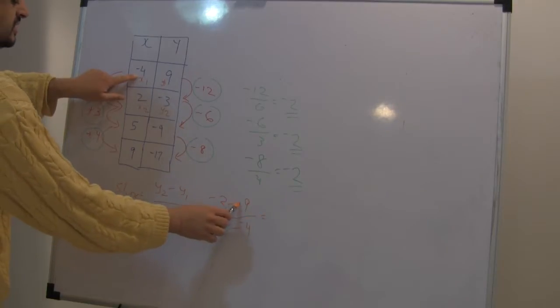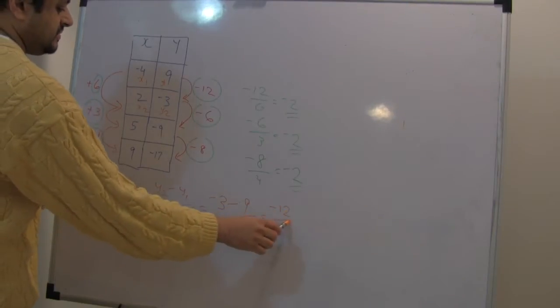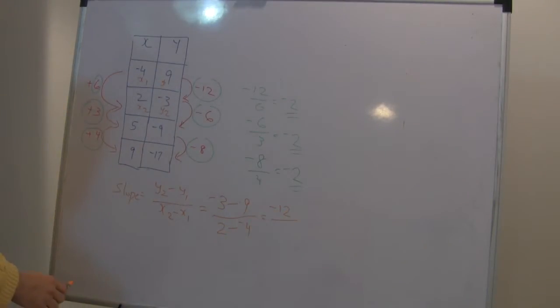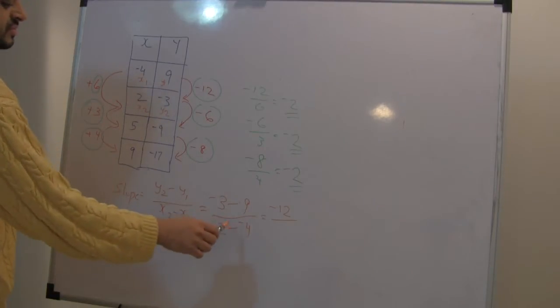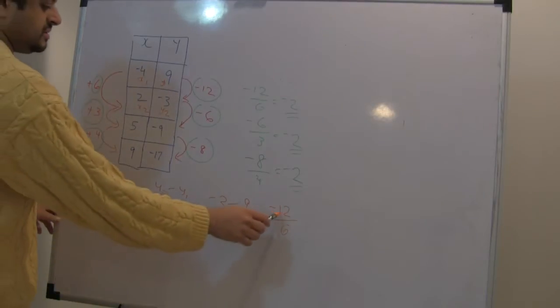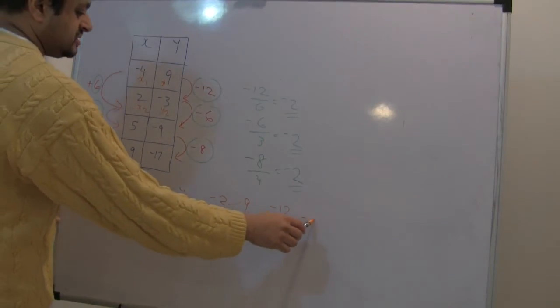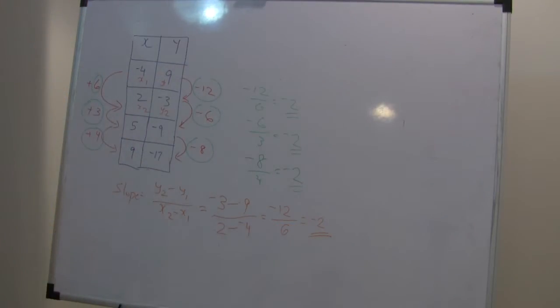So -3 minus 9 is -12, right? And 2 minus -4 is 2 plus 4, that is 6, right? So -12 divided by 6 is -2, okay? So you got the slope.